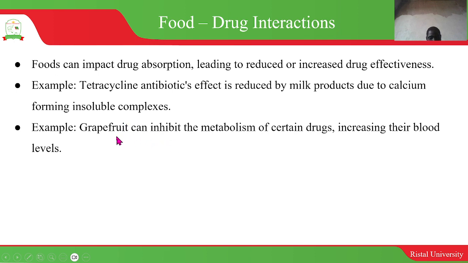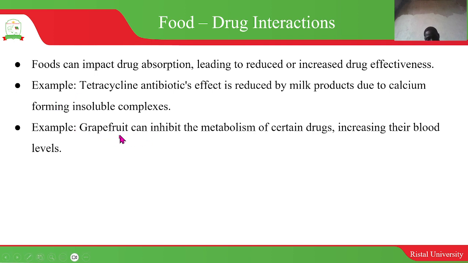Another important one not to forget is grapefruit. I like to talk about this because many times our patients are sick in the hospital, and then many people come to visit, bringing a lot of drinks, grapefruit, mango juice, whatsoever. But grapefruit has a chemical called naringin.